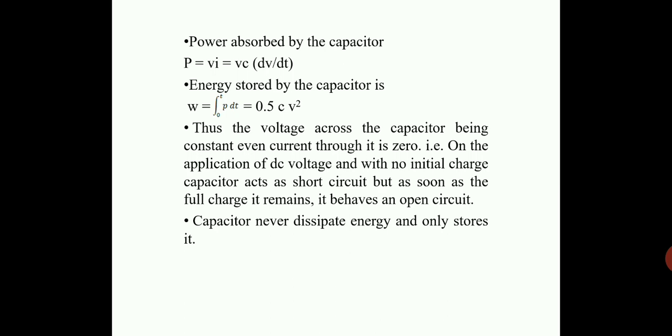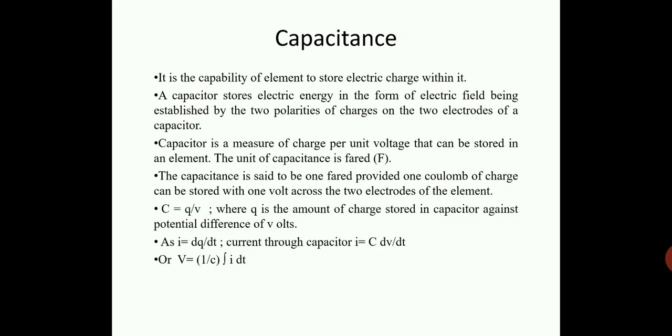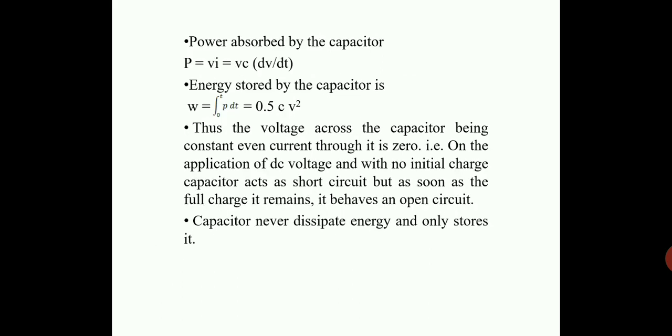Power absorbed by the capacitor is equal to, in place of I, you put C dV by dt. Here you see current I is equal to C dV by dt. So power absorbed by the capacitor is V C dV by dt.